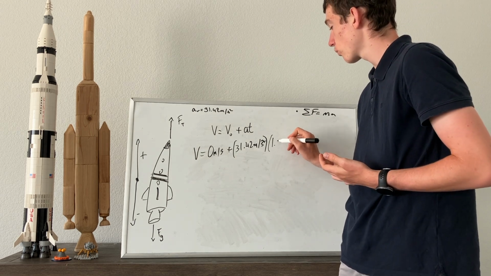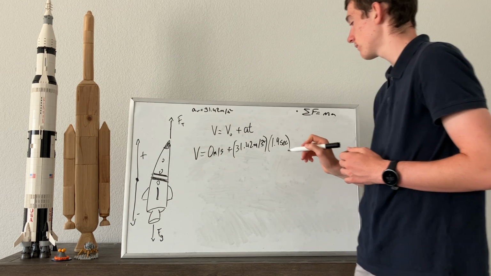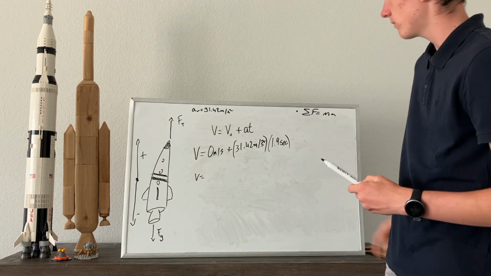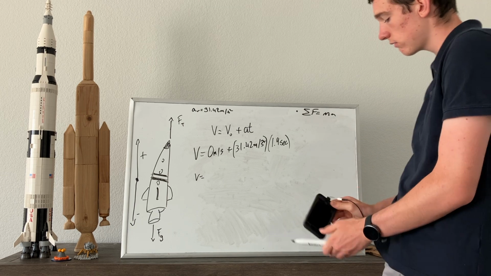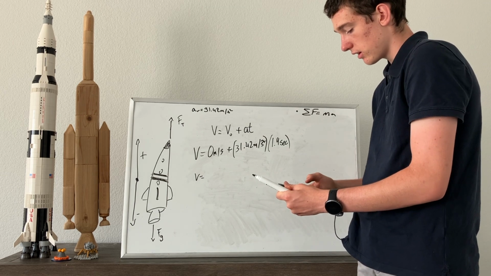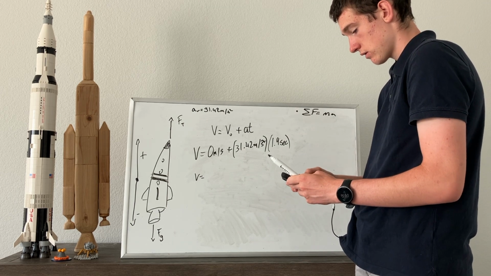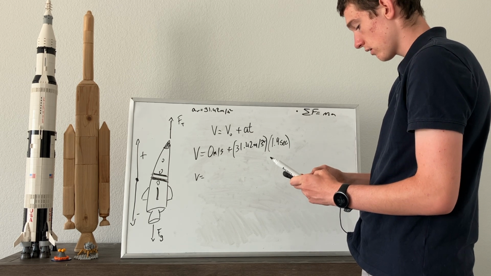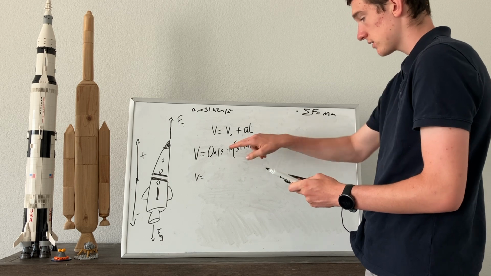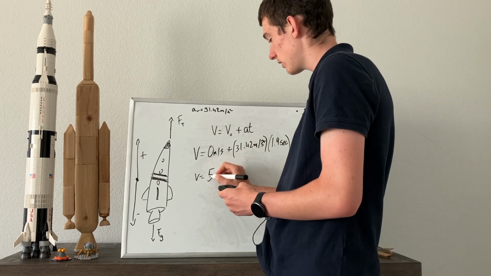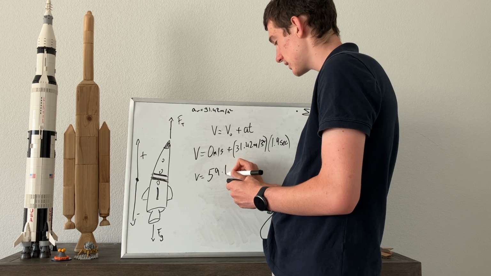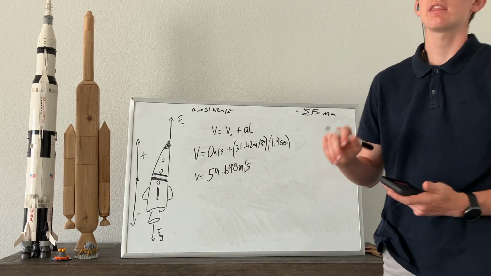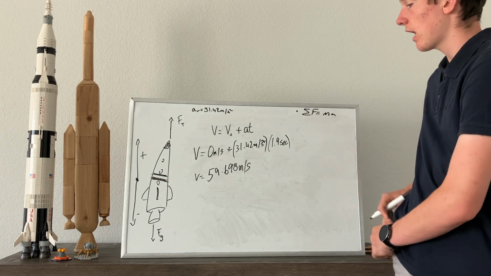And the engine burns for 1.9 seconds. After doing a little bit of math, and I pulled the handy dandy calculator out again, 31.42 multiplied by 1.9 plus 0, the speed of the rocket is 59.698 meters per second.